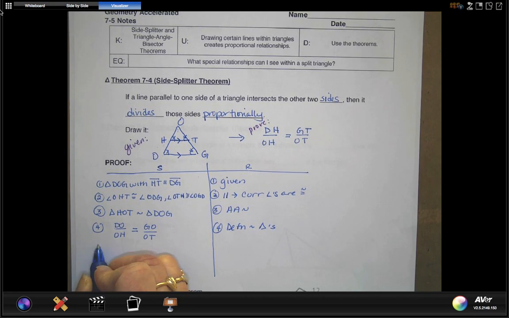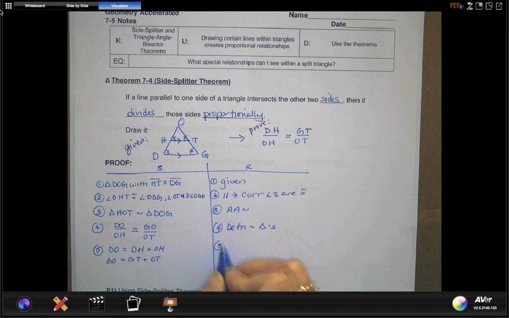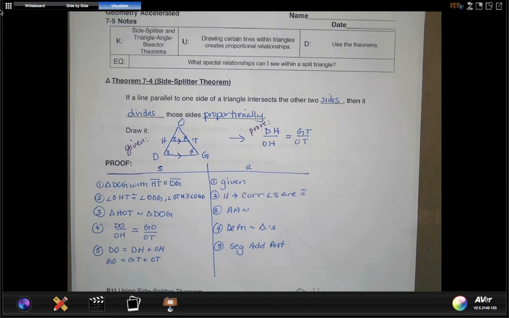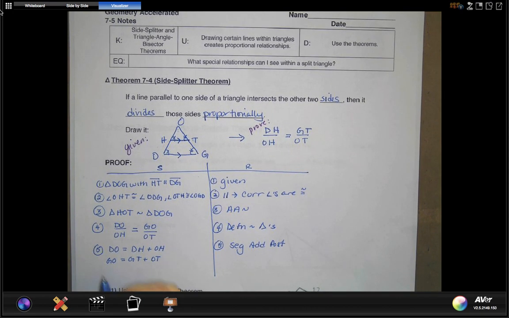But I also know that DO is just DH plus OH, and I know that GO is just GT plus OT. And my reason here is the segment addition postulate. I know that if I add pieces of a segment, they're going to give me the whole segment.